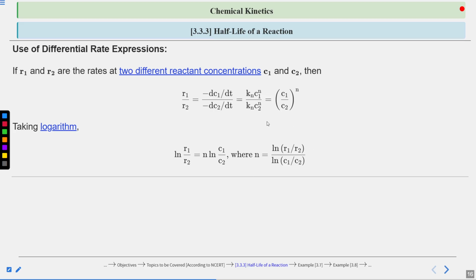So we were discussing the method which is the use of differential rate expression, in which we learn how to determine the value of n, that is the order of the reaction. So this is how you determine the n value, which is ln R1 by R2 upon ln C1 by C2.